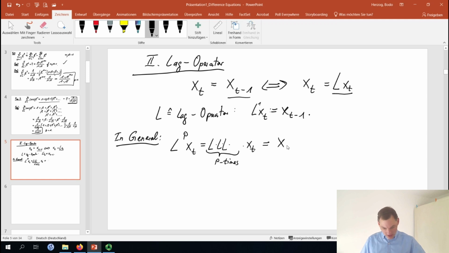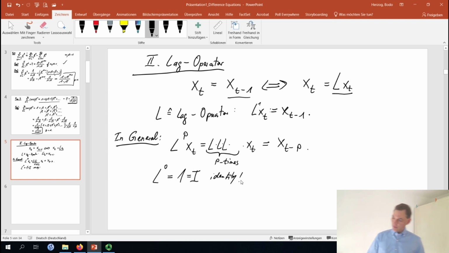Here it's P, therefore it's shifting my x to t minus P. This is a general rule, and now you wonder, what is L to the 0? Here it's L to the 1, shifting it. Well, L to the 0 does not shift anything, so you can say it's 1, or in vector and matrix language, it's the identity. That's the identity.